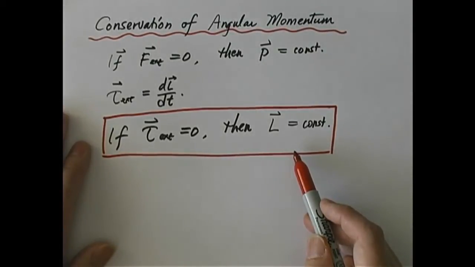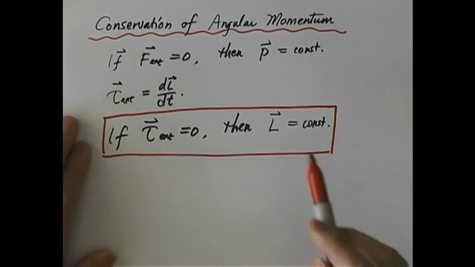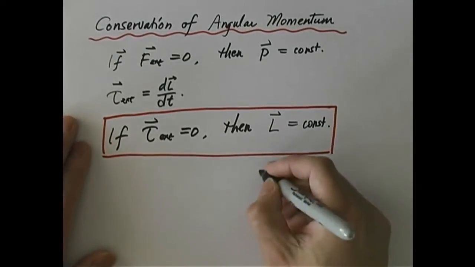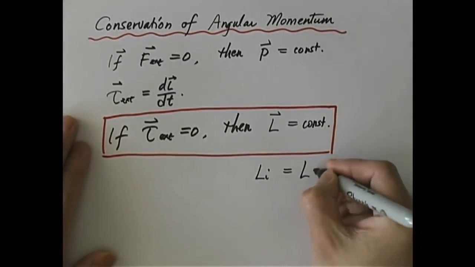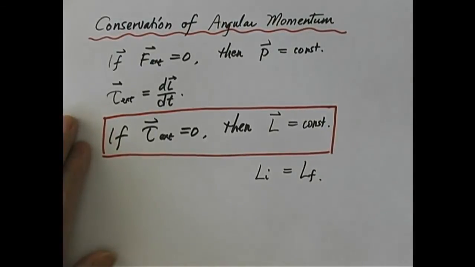This can be very useful because the nice thing about the conservation law is that once you know for sure you can use it, you can use that to bypass everything in the middle. You just write down L initial equals L final. You don't have to know how it goes from initial to final, as long as you know for sure the external torque is equal to 0.